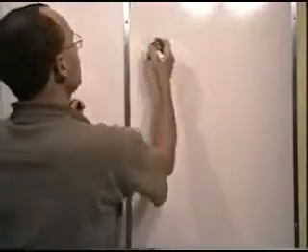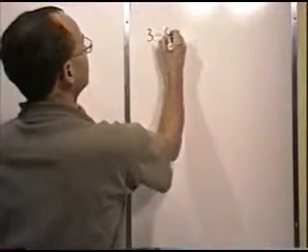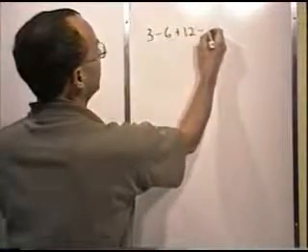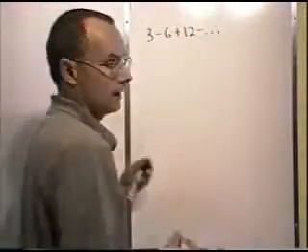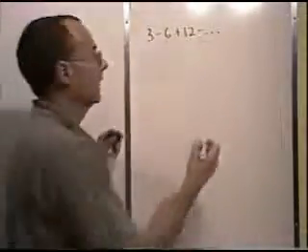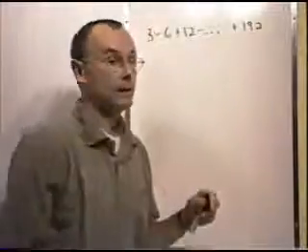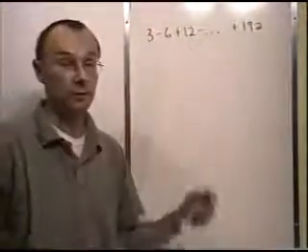Okay, so what I'm talking about is something like this. Suppose we had 3 minus 6 plus 12 minus and so on, and we decided that our last term would be 192. Now that's a very reasonable series here.